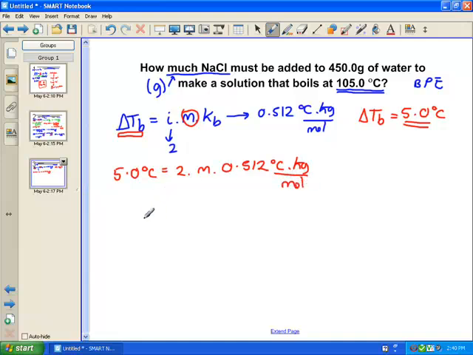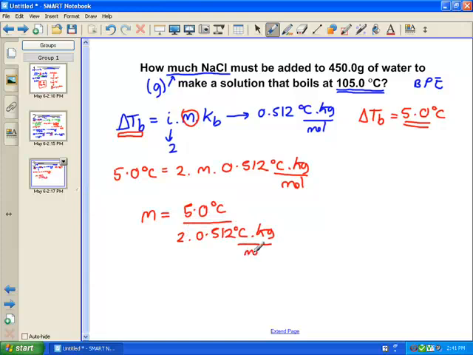Okay, and then we can just rearrange our formula. Essentially our m is equal to this divided by this times this underneath all this. So let's write all that out: 5.0 degrees C divided by 2 times 0.512 degrees C kilogram per mole.